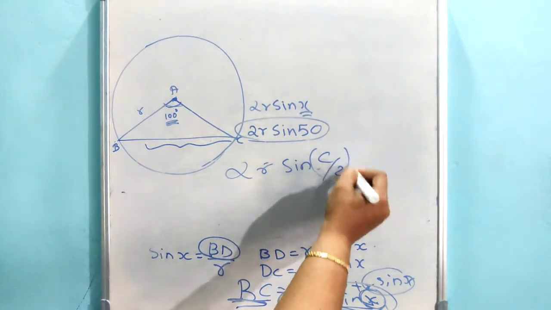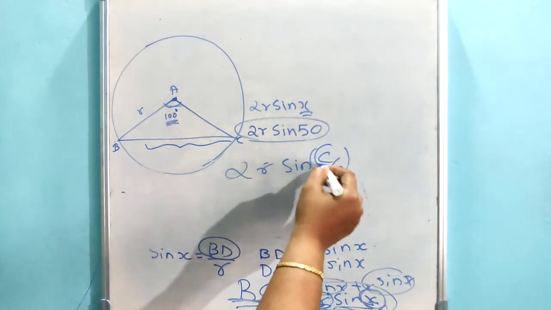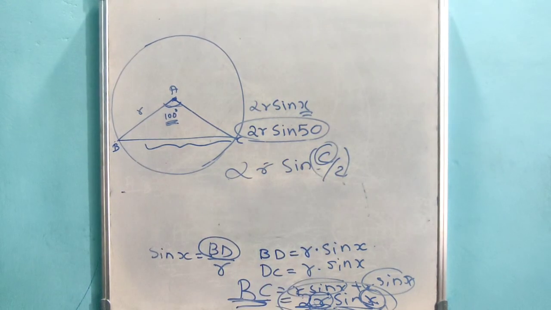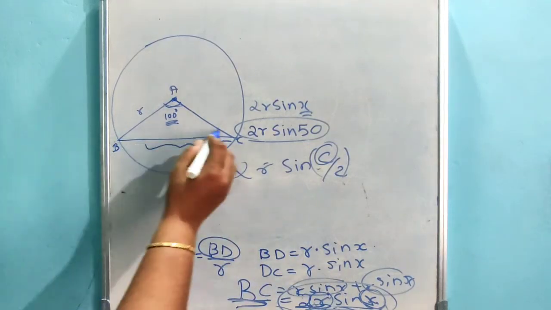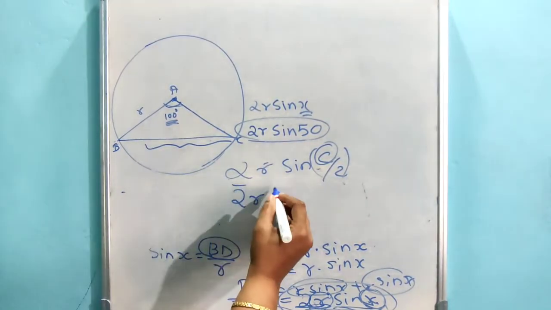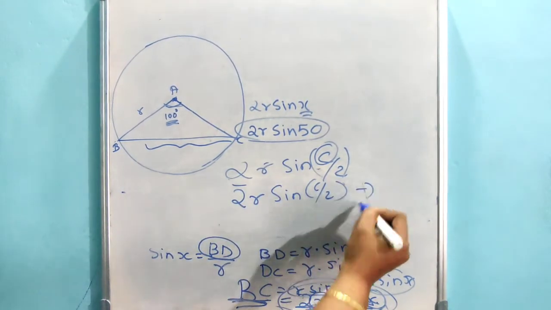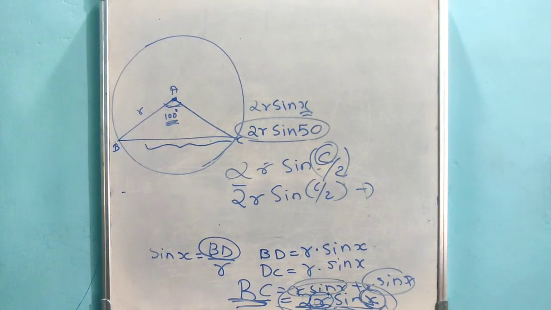That is 2R sin c by 2, where c is the central angle of the chord. So for any chord we can find its length by using the formula 2R sin c by 2.